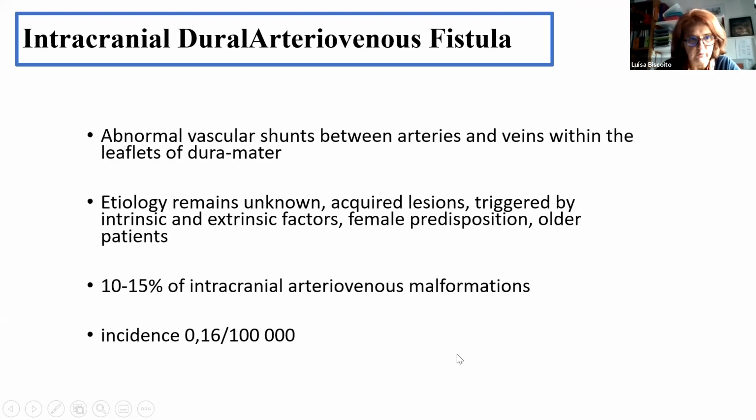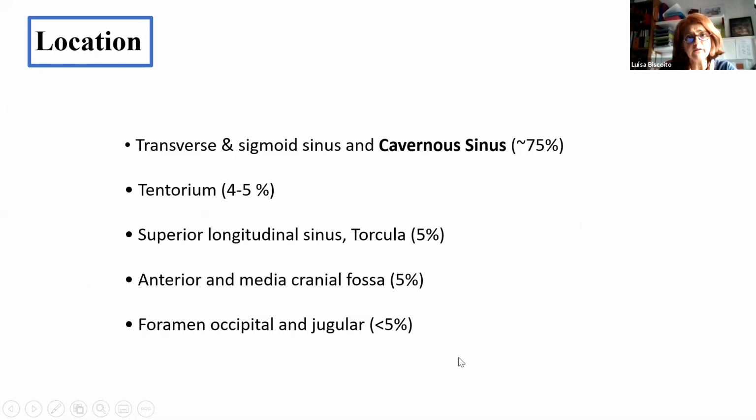It's not a frequent disease, and it represents 10 to 15% of intracranial arteriovenous malformations. Most of them are located on the transverse and sigmoid sinus and in the cavernous sinus, representing around 75% of all the dural fistulas. The rest of the locations are really rare.